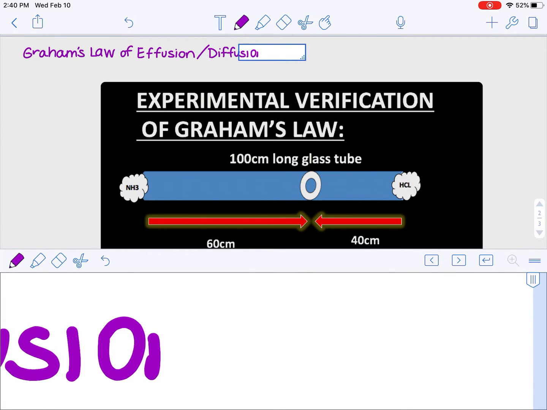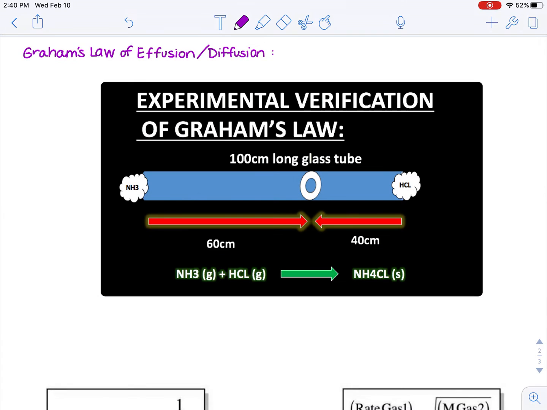This law can also be used to explain diffusion, which is the natural mixing of gases. Remember, gases are in constant, rapid, random motion, and they travel in straight lines until they make collisions with either each other or the walls of a container, upon which they will change direction.